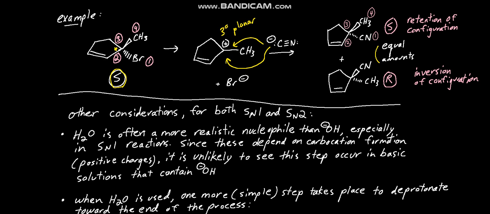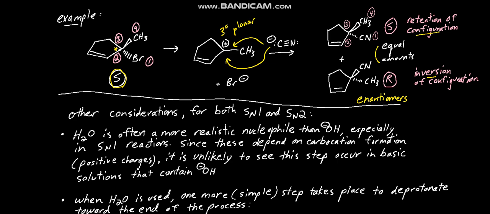These are enantiomers. And so one of the enantiomers we would refer to as retention of configuration compared to the starting material, while the other equal amount is inversion of configuration, similar to what you would get with SN2 if it could go SN2.